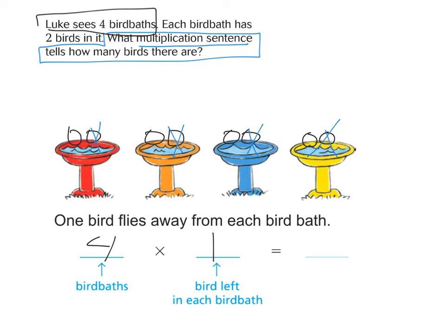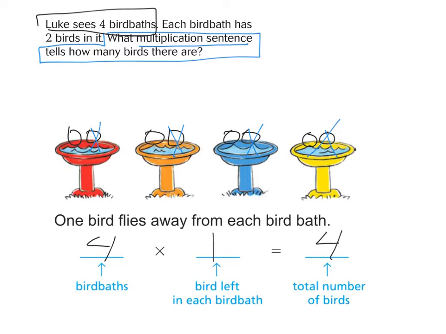And that would equal how many birds? 1, 2, 3, 4. So 4 would be the total number of birds. So if one bird would fly away from each bird bath, there would be 4 birds left, or 4 birds total. Now let's consider another situation.